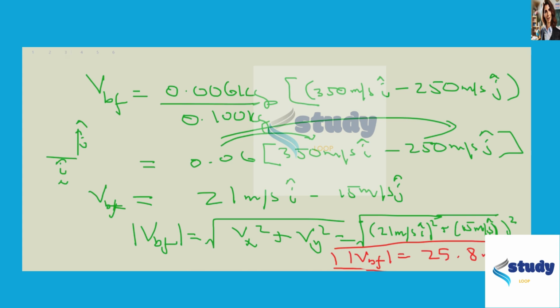We have to remember that the velocities have to be treated in terms of unit components, so the x and the y. And so that's what we did. We ended up using square root and the Pythagoras theorem, comparing the sides of a triangle. And then we got the magnitude, which is 25.8 meters per second.